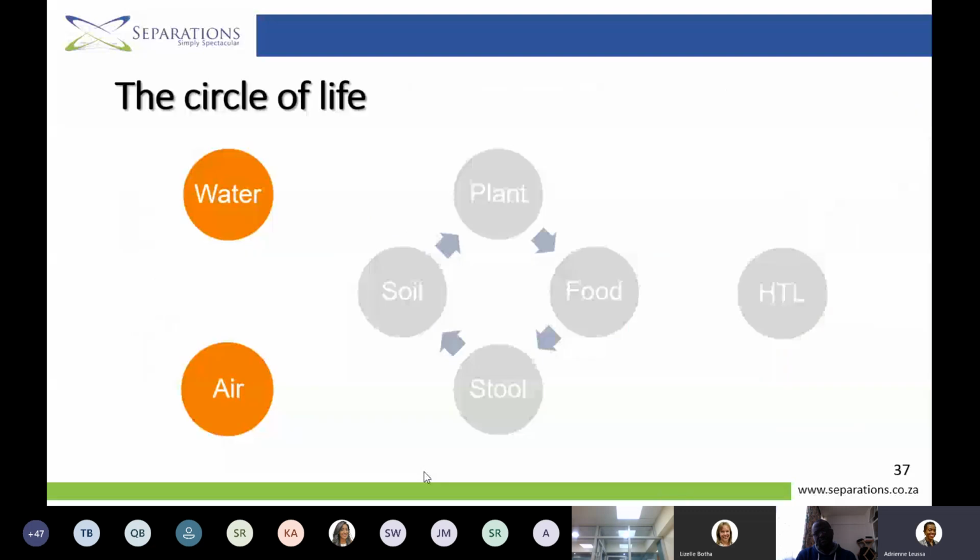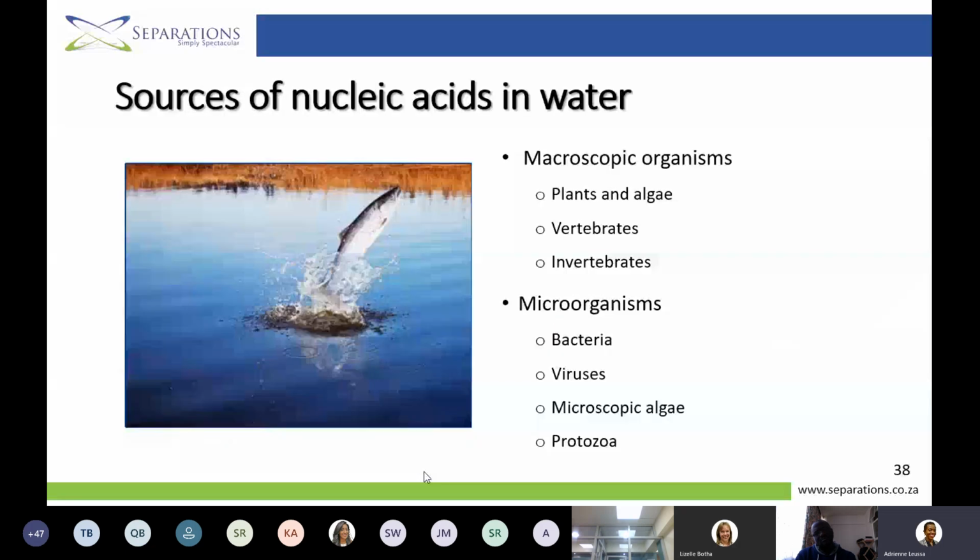Okay, so we're moving on now to the next category of samples, just to look at what solutions are available from our portfolio for you to address your challenges and also to be able to get NGS-ready nucleic acids. When we're talking about nucleic acids in water, generally they come from, it's not just one category, there are two categories of organisms.